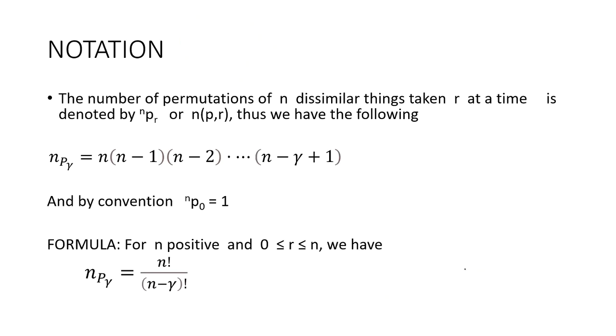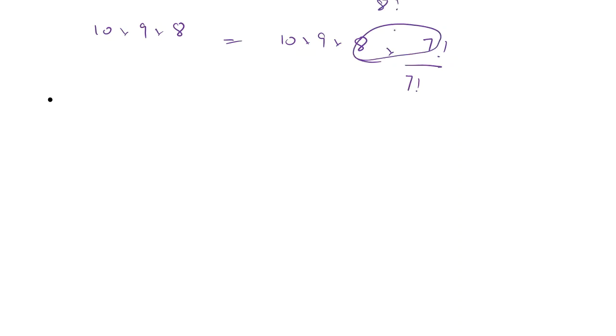And then 10 times 9 times 8 is equal to 10 times 9 times 8 times 7 factorial upon 7 factorial. Now 8 times 7 factorial, I can write as 8 factorial. Now 9 times 8 factorial, I can write as 9 factorial, and 10 times 9 factorial, I can write as 10 factorial. So on the whole, we have 10 factorial upon 7 factorial. Therefore 10 times 9 times 8, I can write as 10 factorial upon 7 factorial.